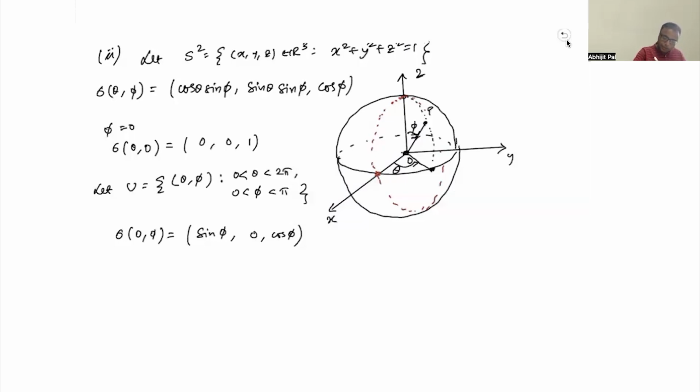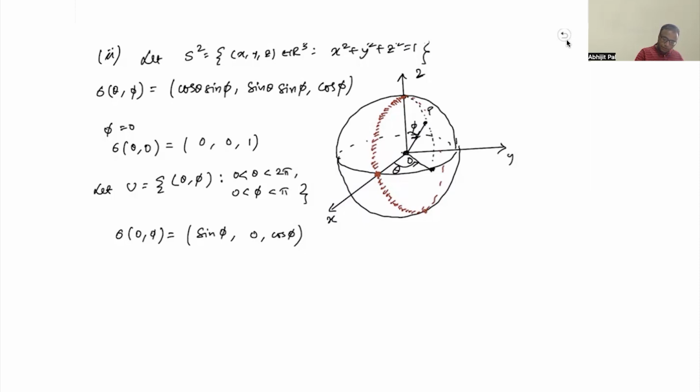Okay. So this means that sigma of U, if you delete the semicircle from the sphere, that will be your sigma of U. Okay.